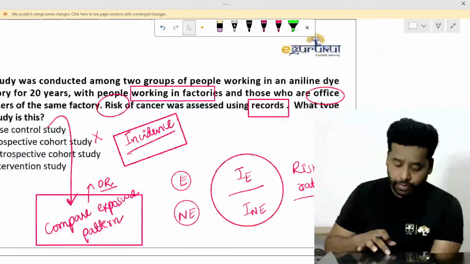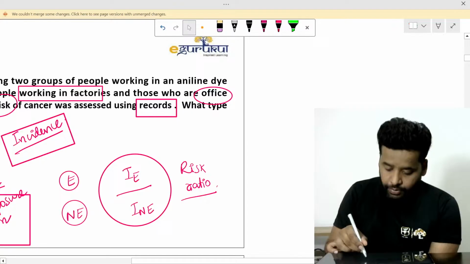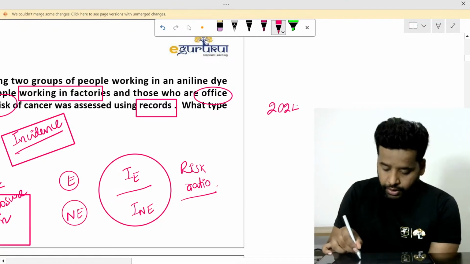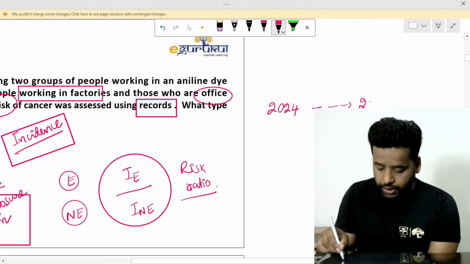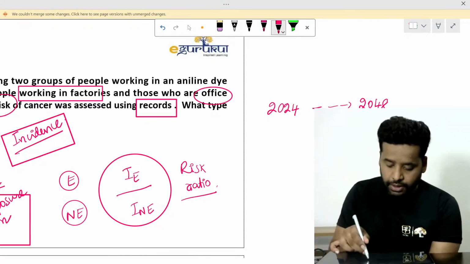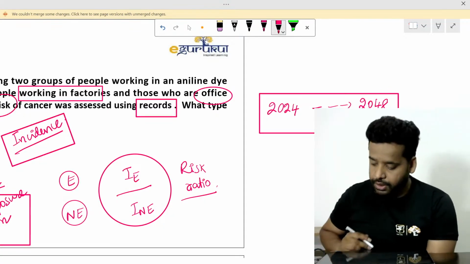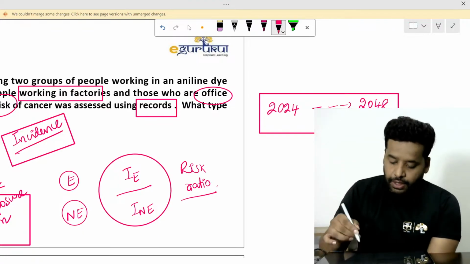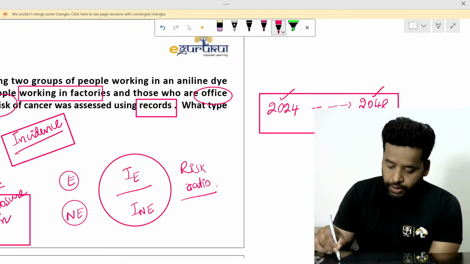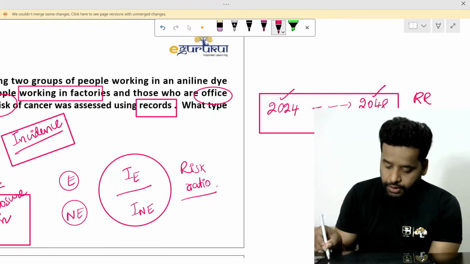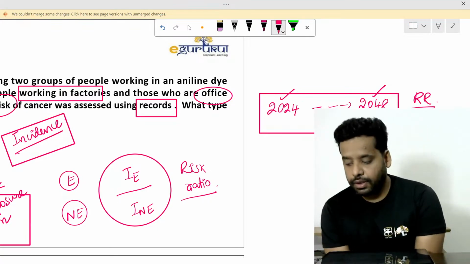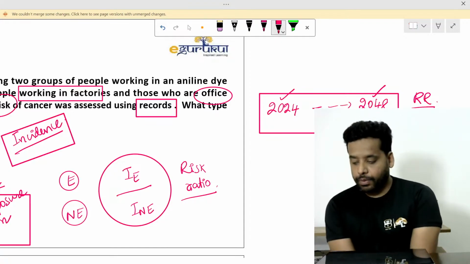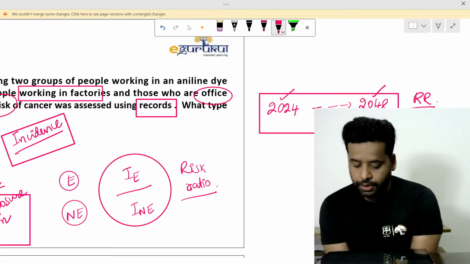Now tell me, if I start now in 2024 and go towards 2048 in the future, staying with the individuals, and I'll be calculating risk ratio, what is this study? Prospective cohort study. Good.